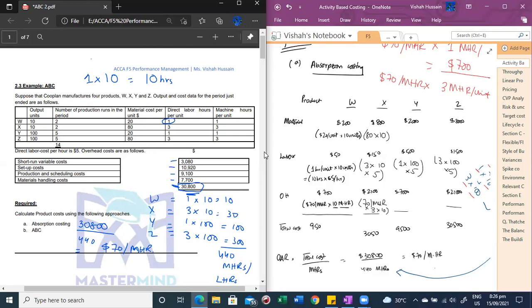But what is the cost? In order to get the cost, you need to multiply it by the cost per hour, and the cost per hour is $5. So 10 hours used for W multiplied by $5 per hour, you will get $50 as your cost. Over here, that is what we have computed. Similarly, for X, 3 into 10 into 5.